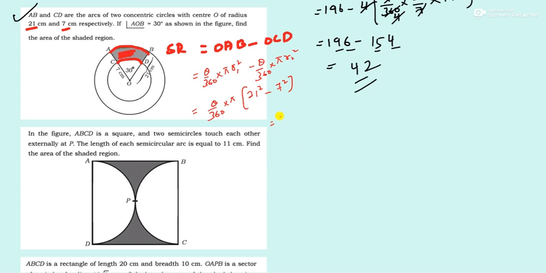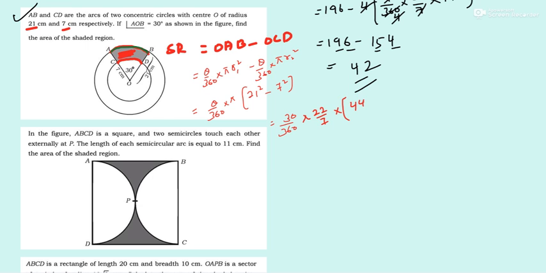So theta is how much? 30. 30 by 360 into pi, 22 by 7, into what is 21 square? It is 441, right? 21 square is 441 minus 7 square.